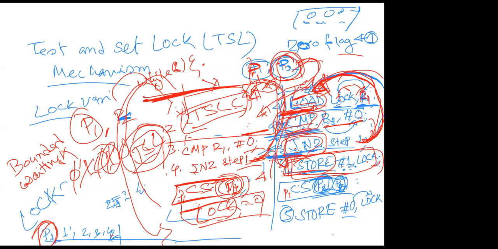But the TSL command may not be supported by all hardware or computers. This is a special type of command that makes two instructions into a single instruction. So TSL is a special command, so hardware support is necessary. This is one of the disadvantages of the TSL algorithm.